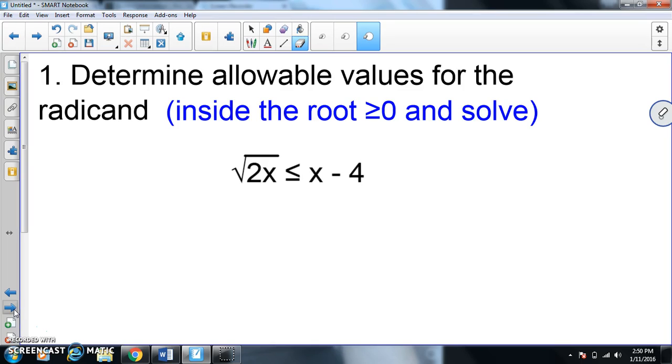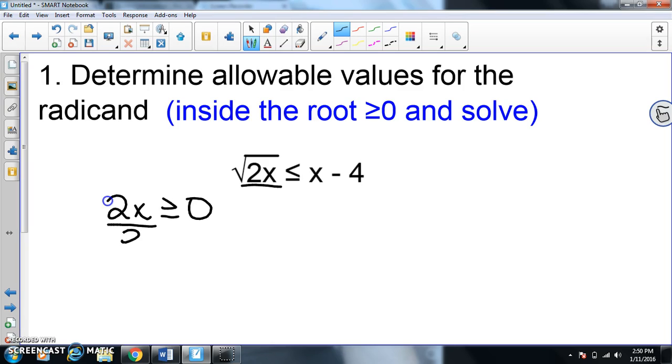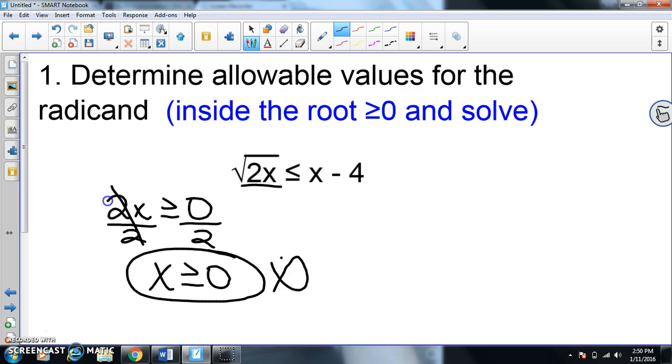So we want to find all of the values that we can plug in that will give us a real solution. So I am taking 2x, which is what is inside my radical, is greater than or equal to 0. I'm solving for x, to get x is greater than or equal to 0. This is going to come into play later on.